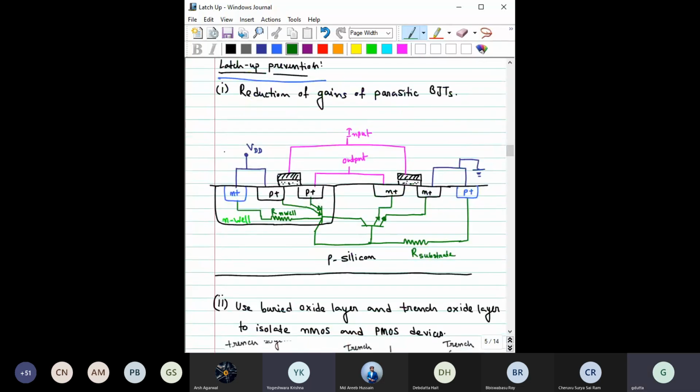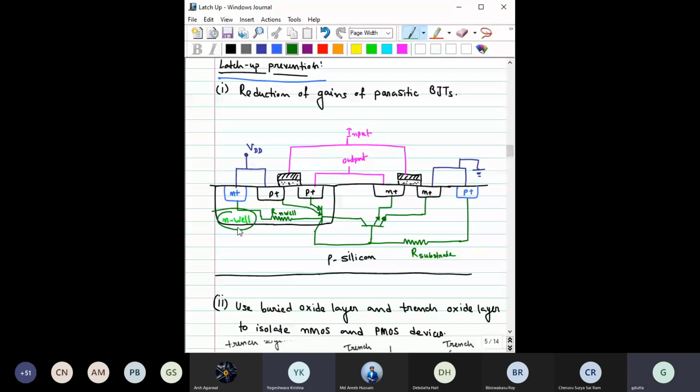How can you reduce the beta of a bipolar junction transistor? What will happen if you increase the base doping? Base doping will reduce beta, right? So for example, if you increase this N-well doping, that will reduce the beta.